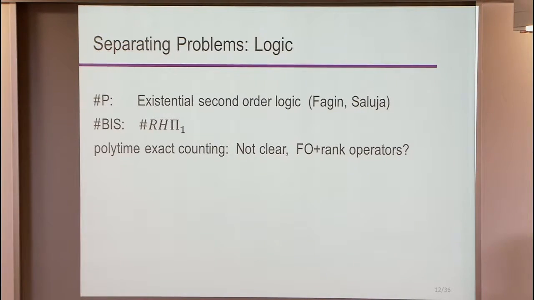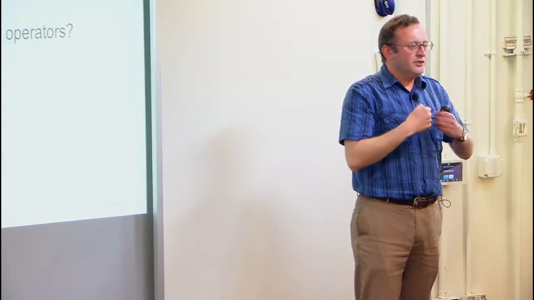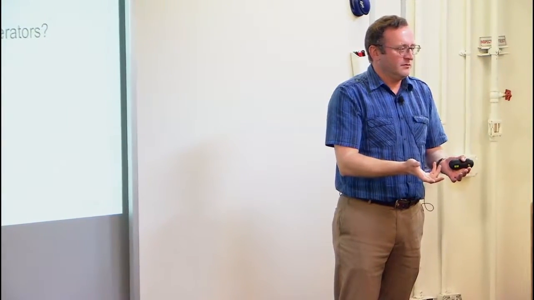So the goal is, like with NP, for instance, a problem belongs to NP if and only if there is a formula in existential second-order logic that expresses exactly this problem. Right? So I want to do the same for the class P. If I can do that, the hope is, well, I have different logics, maybe using my combinatorial skills, I can construct a counterexample that distinguishes these logics, and therefore prove that P doesn't equal NP. But what I need to do, I don't need to compute, I need to express.